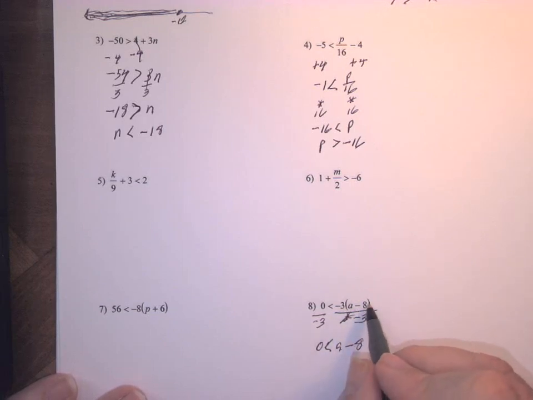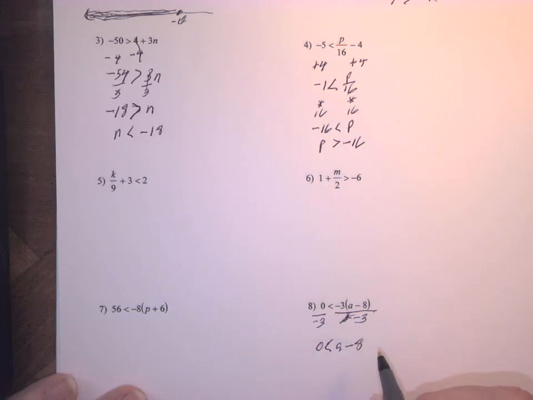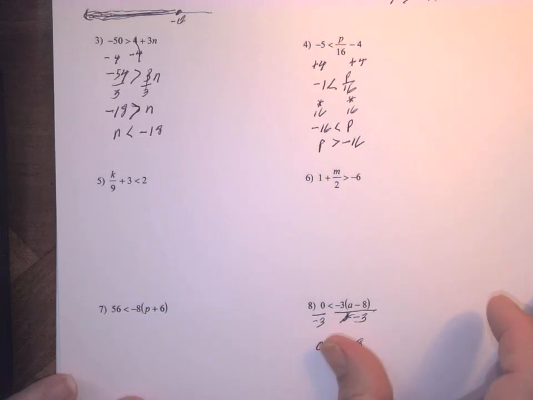You don't have to do the distribution. You can divide away the distribution, okay? And I'm not giving away the store here, but when you add 8 to 0, you end up with 8 is less than or equal to, or is greater than a. So anyway, give it a shot, guys.